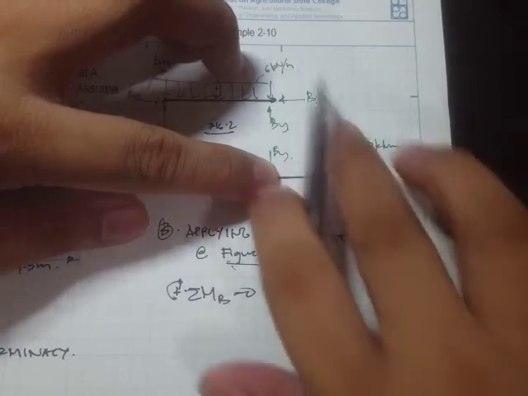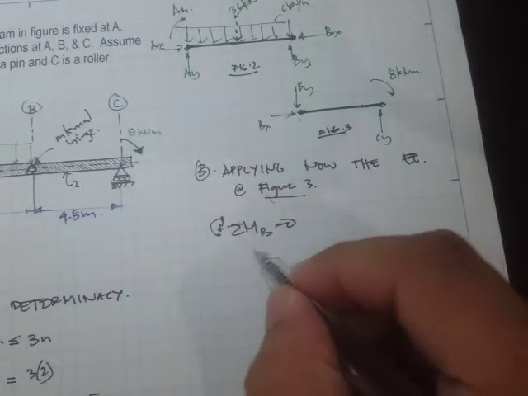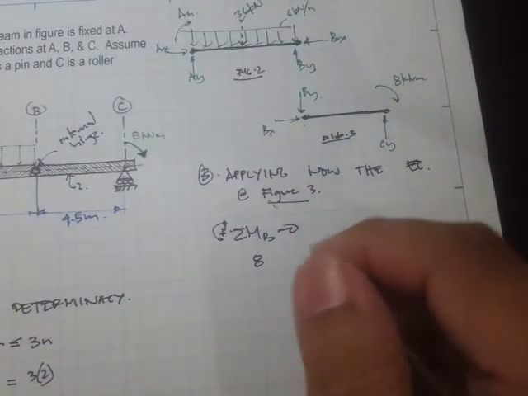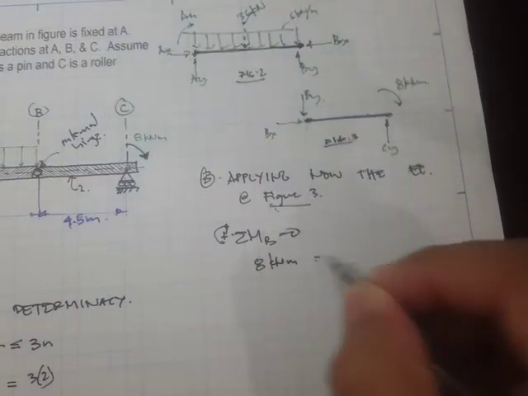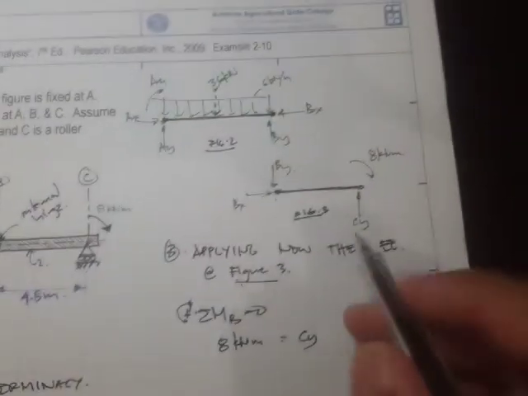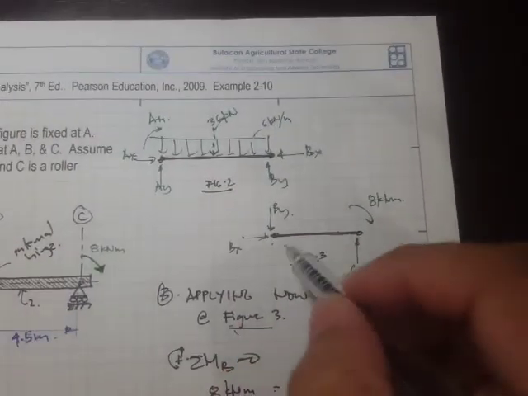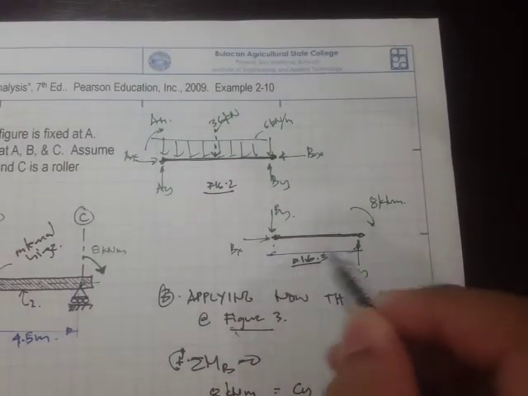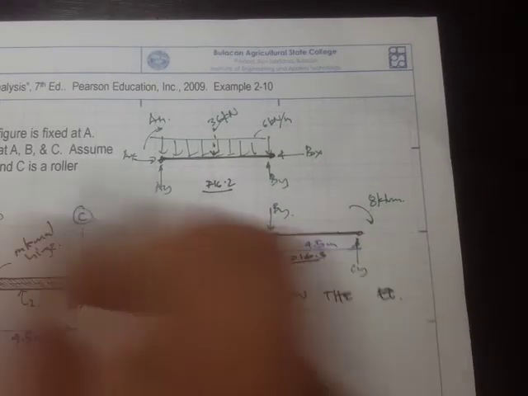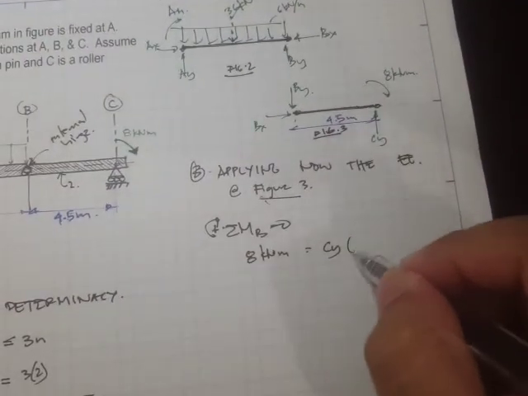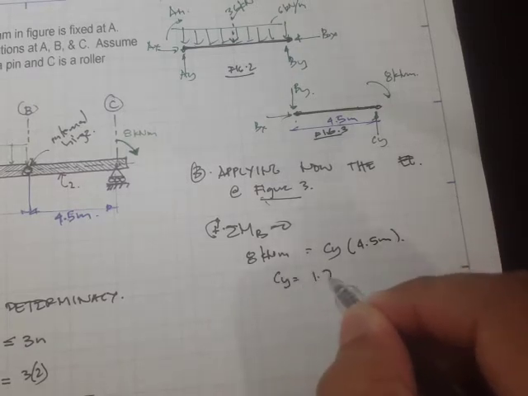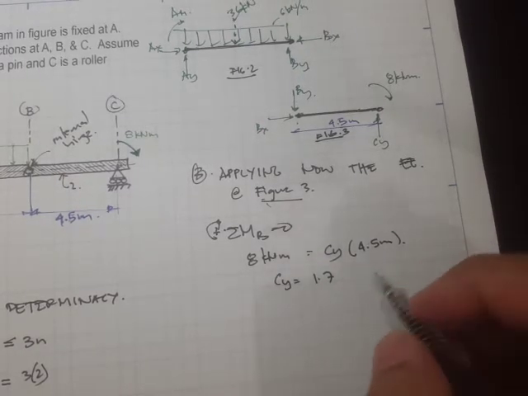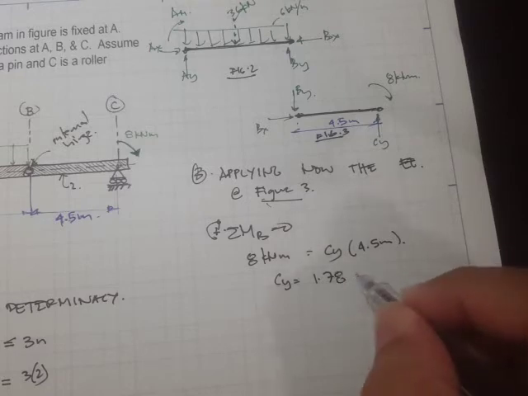The Cy produces a counterclockwise, so we can just write simply 8 kilonewtons is equal to Cy times the distance, this is 4.5 meters. So Cy is equal to 1.78 kilonewtons.